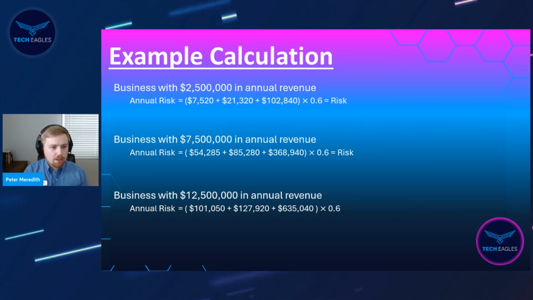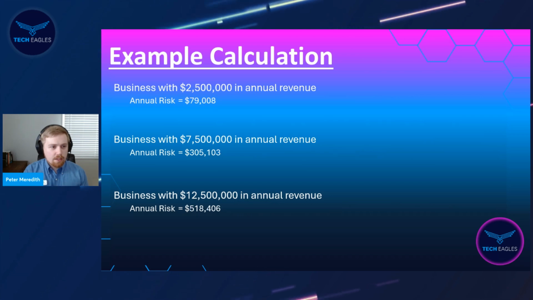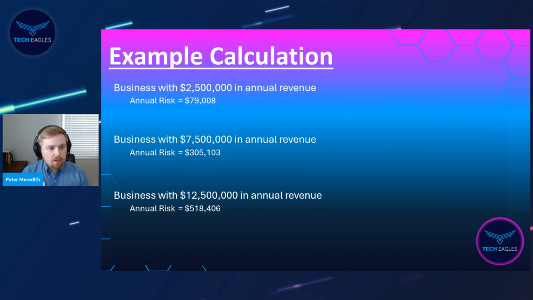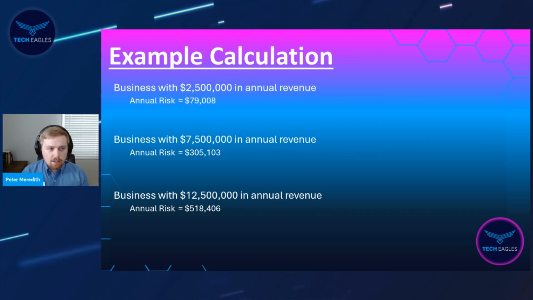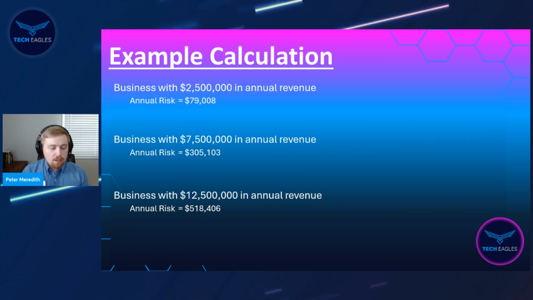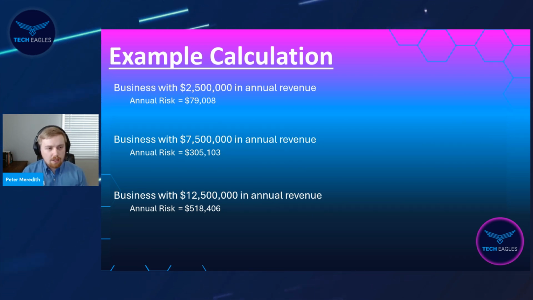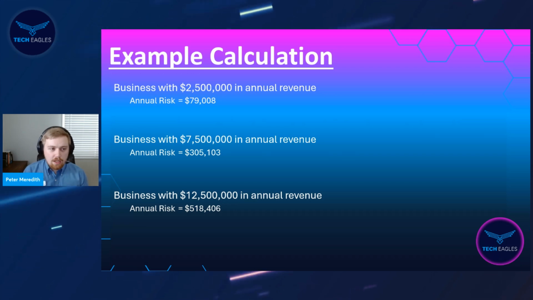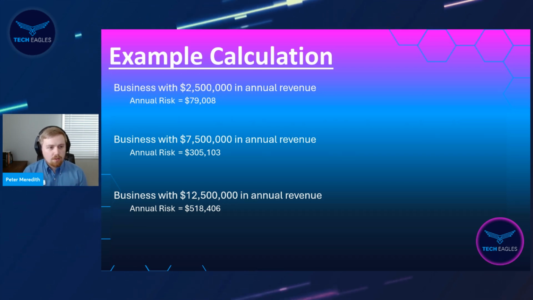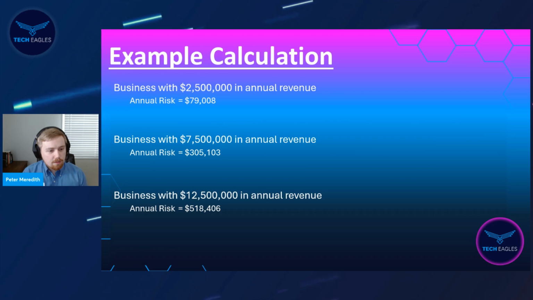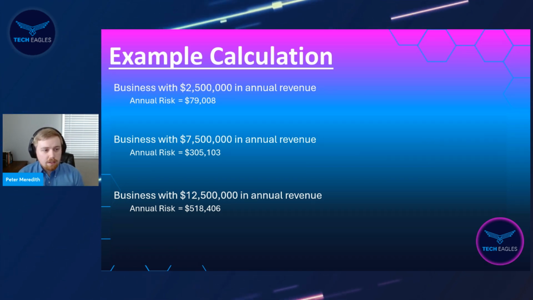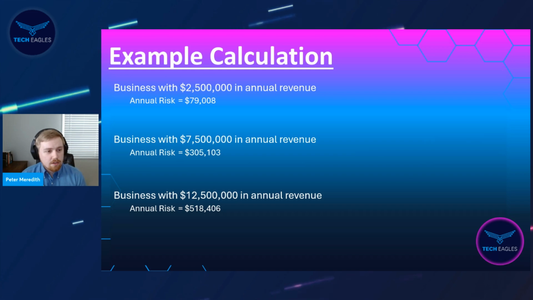So if we go through here and do the math, it turns out that the business risk for a $2.5 million annual revenue company is close to $80,000. For a $7.5 million annual revenue company, it's close to $305,000.